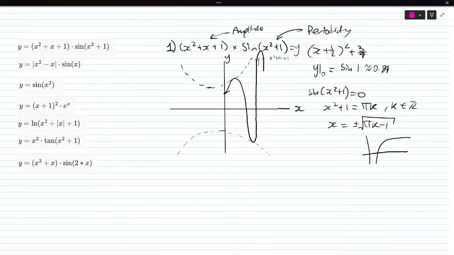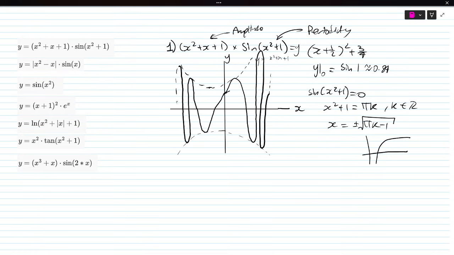Let's say it touches there, and so on. The periods get closer and closer, and this goes up. And then we do the same here. And yeah, and so on.